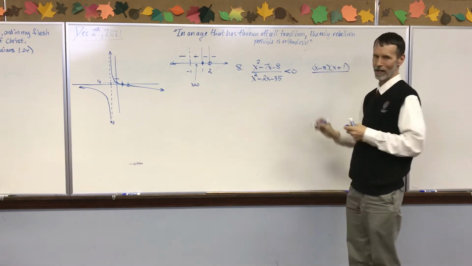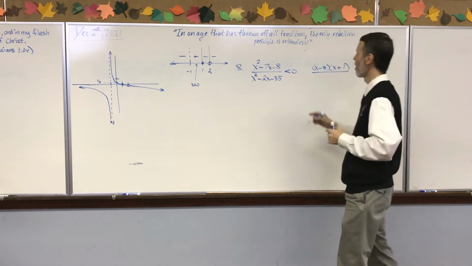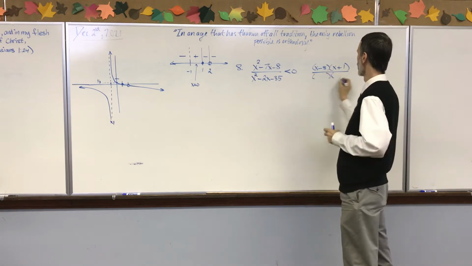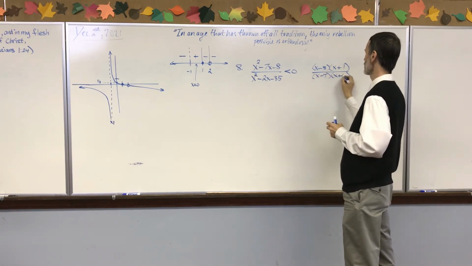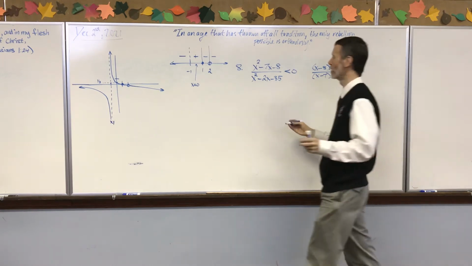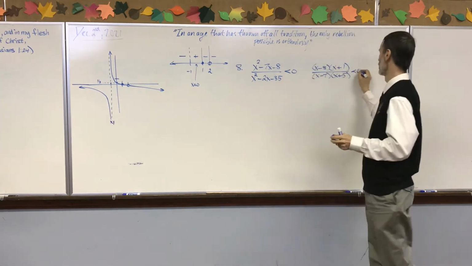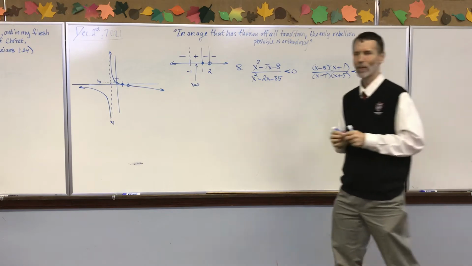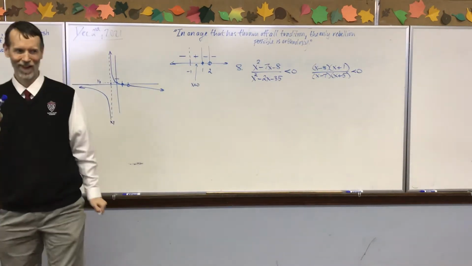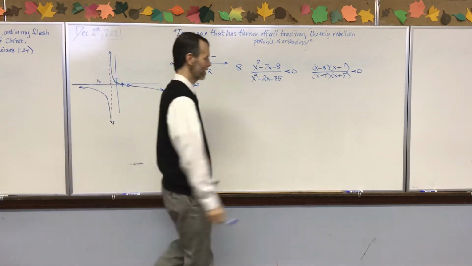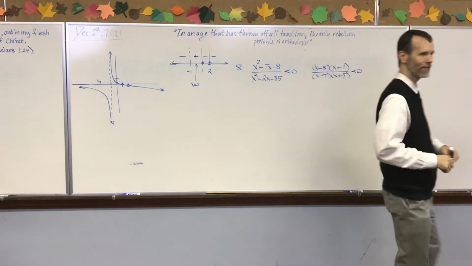Good. Mary Claire, take the bottom. Yeah, x minus 7, x plus 5. Both of these unfoil. And this is less than 0. How do you solve a problem that's an inequality like this? Nicole, please. Nick. How do you solve something like this?